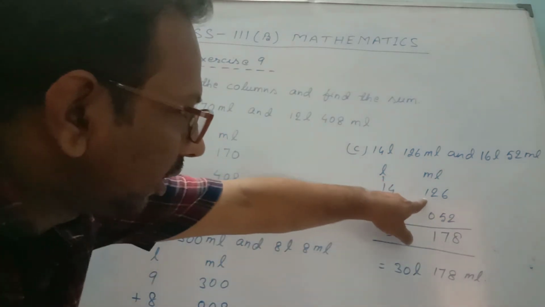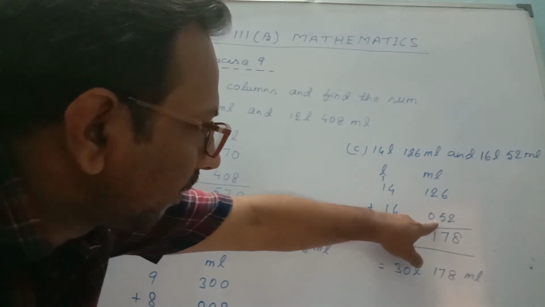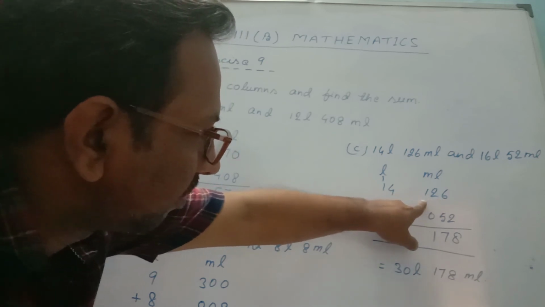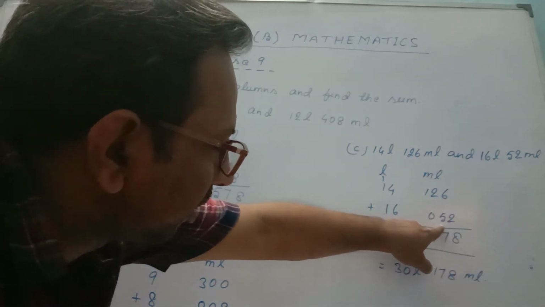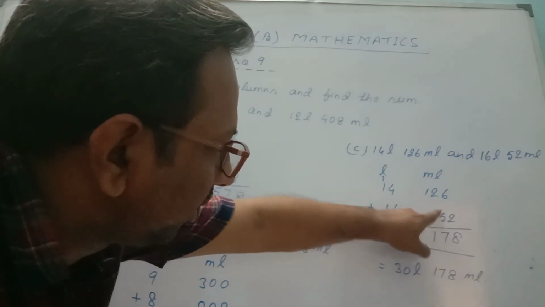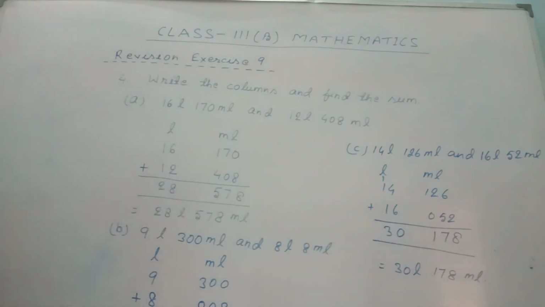Here in milliliter there is 126 and here is only 52. Means there is hundreds place, ones, tens and hundreds place, and here is only ones and tens place. So these two will be written below of tens ones place, and 5 will be written below of tens place. Below of 100 place there will be 0. In this way we arrange the numbers.